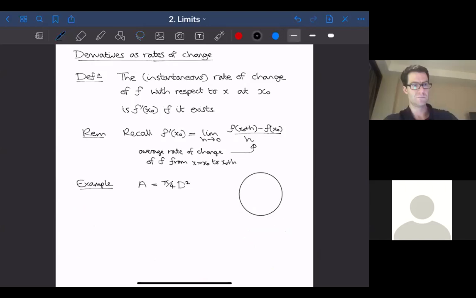So what do I want? I want to draw the diameter here and the area A first.